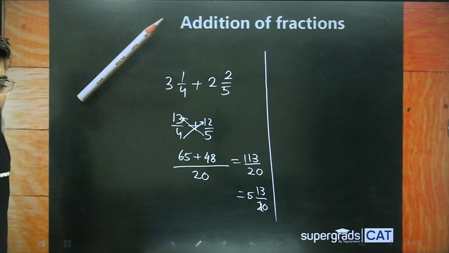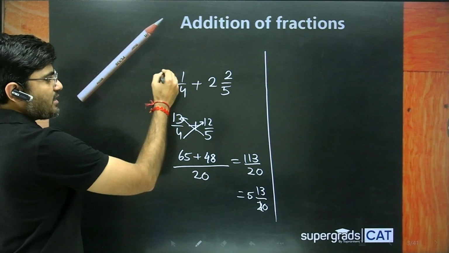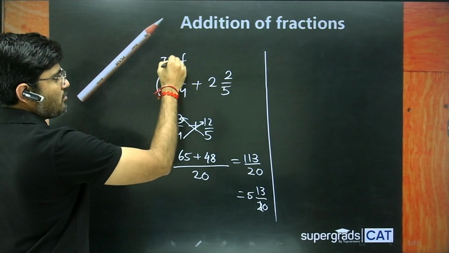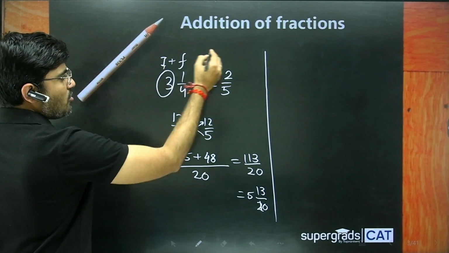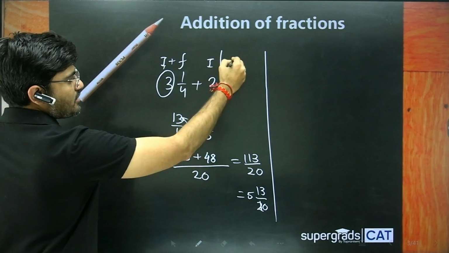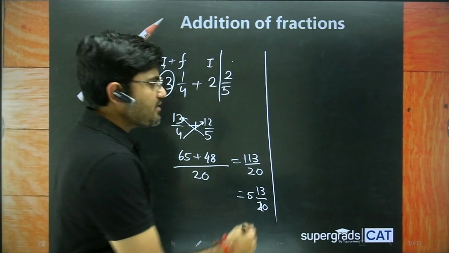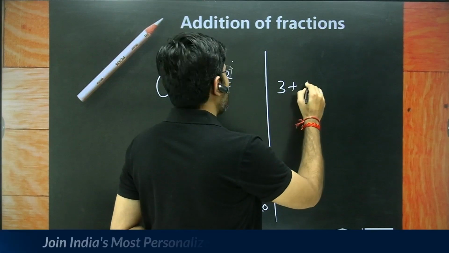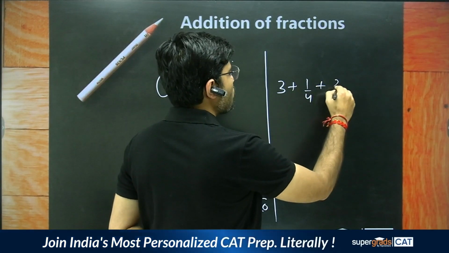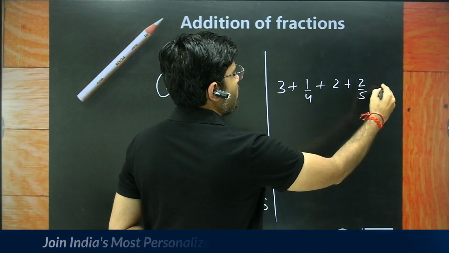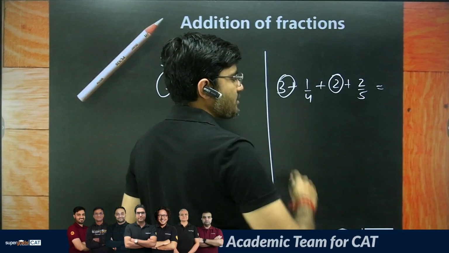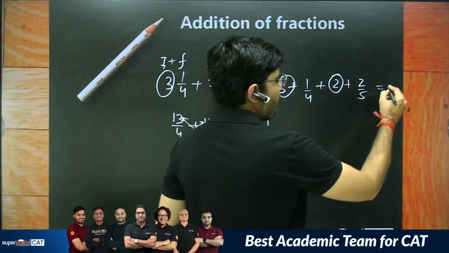Or else what we can do, we can see this is an integer and this is a fraction. This is also an integer and this is also a fraction. So I can consider it like 3 plus 1 by 4 plus 2 plus 2 by 5. So I can add integers first. 3 plus 2 is what? 5.